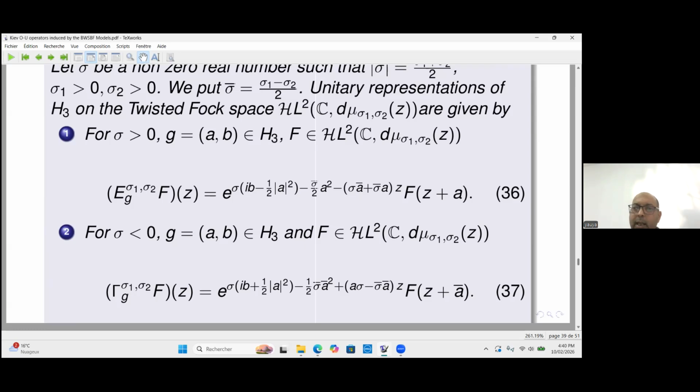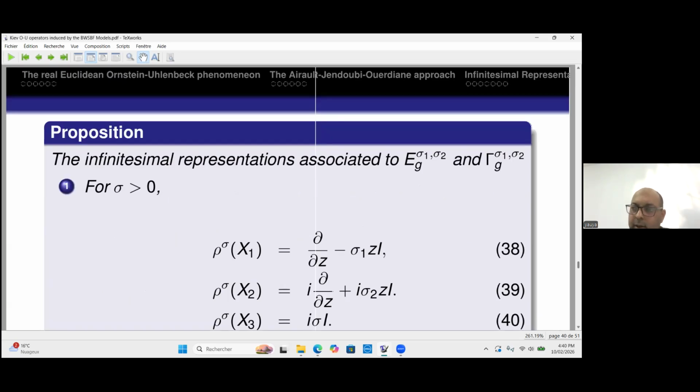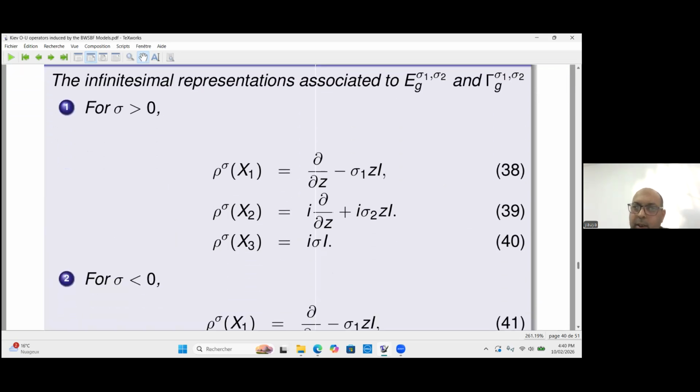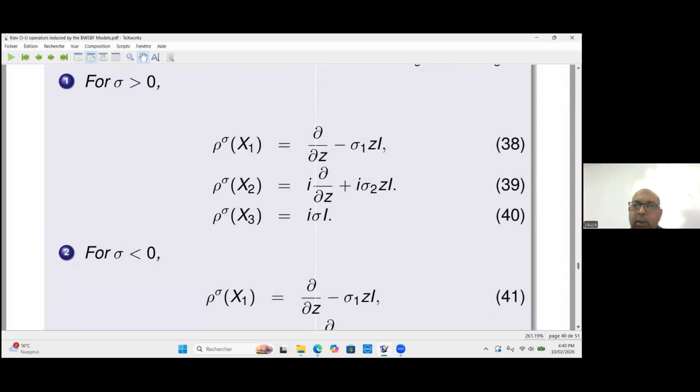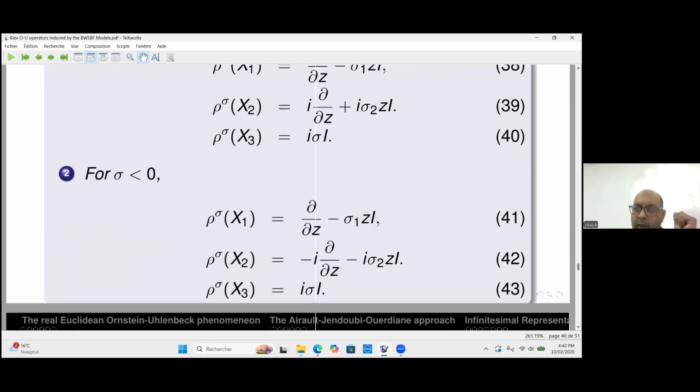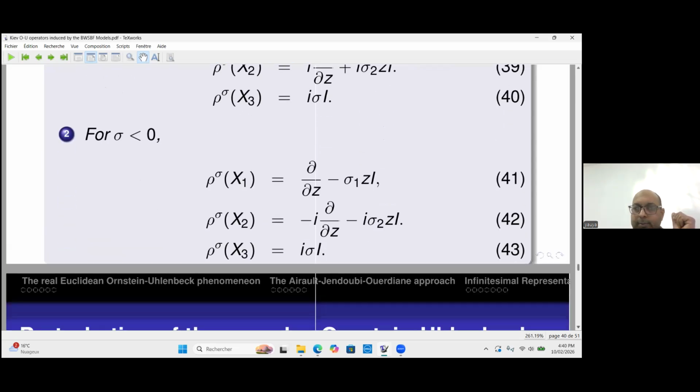So with the same machinery of infinitesimal representation, now there is the infinitesimal representation associated to the new holomorphic representation.